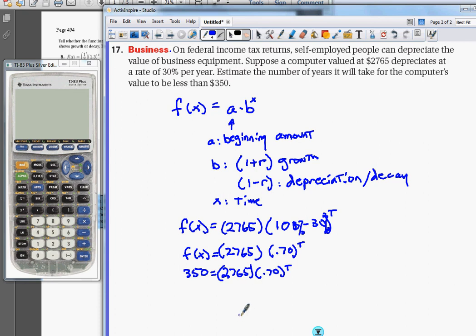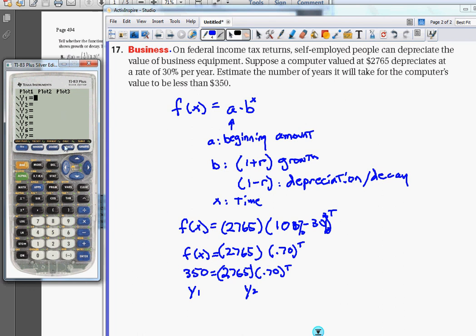Now, if we were to do this by graphing, which I'm fine if you do it this way, we're going to set the left side of the equation equal to y1, the right side equal to y2. So we go to our graphing calculator and set this up.